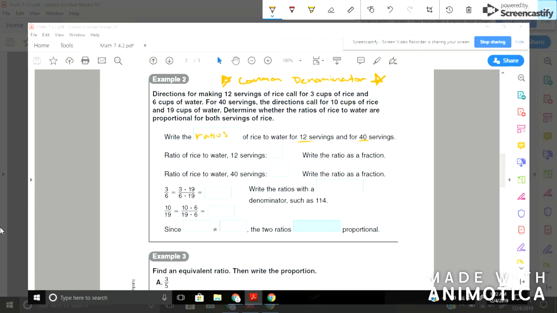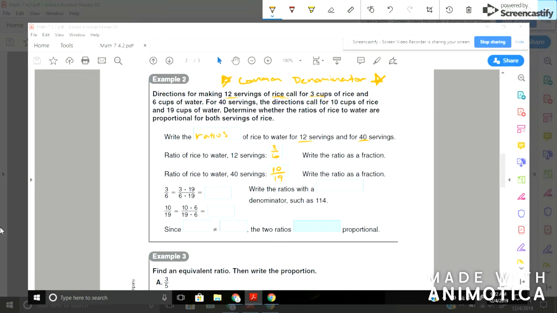Okay, so for 12 servings, rice was 3 cups and water was 6 cups. So 3 cups to 6 cups. And for 40 servings, it was 10 cups of rice to 19 cups of water.